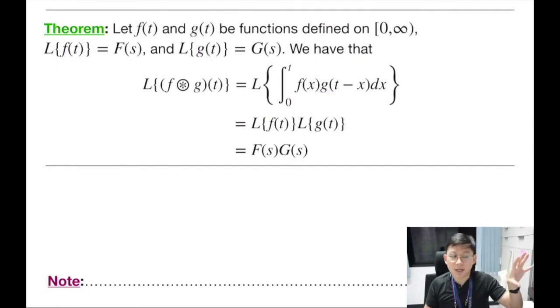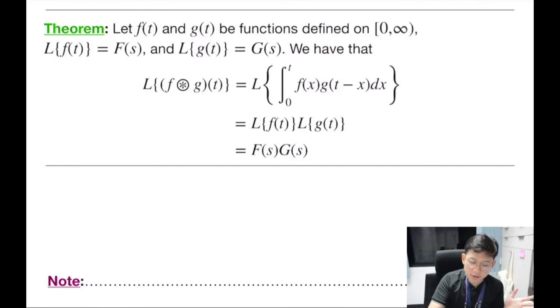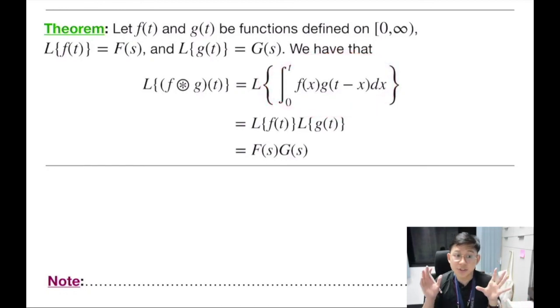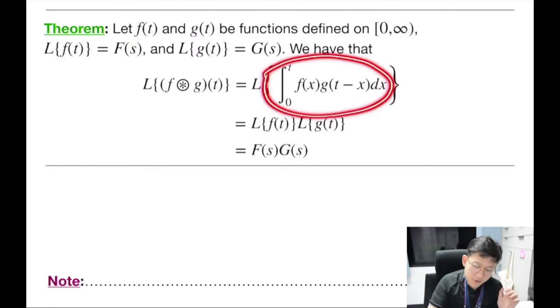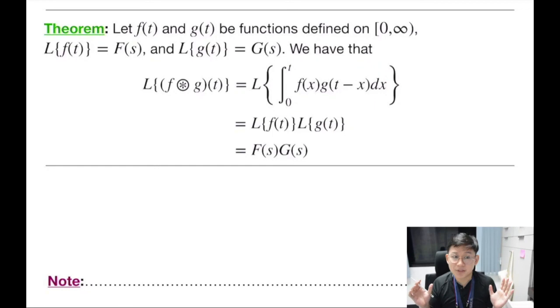So the Laplace transform of the convolution of f and g is the Laplace transform of this, because this is the definition of the convolution. The convolution of f and g is the integral from 0 to t of f(x) g(t minus x) dx. And that is the Laplace transform of f(t) times the Laplace transform of g(t), which is big F times big G. That is a good thing.